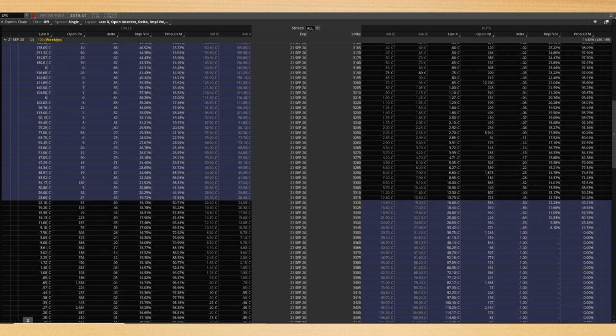That means if we're sticking with 33.15, 723 contracts of the 33.15 puts with expiration date September 21st are out there in somebody's account, active right now. Somebody has that trade right now and it has not been liquidated.